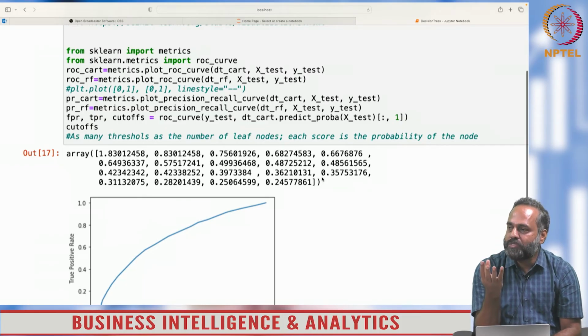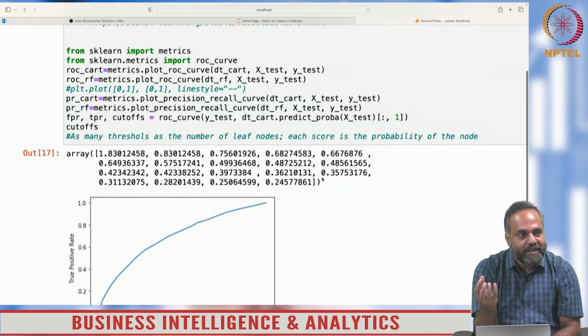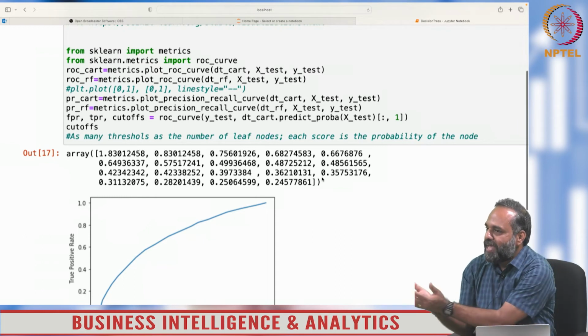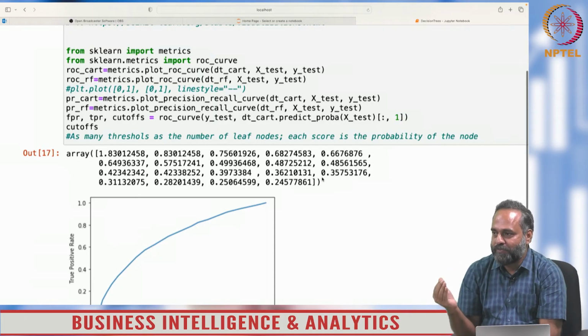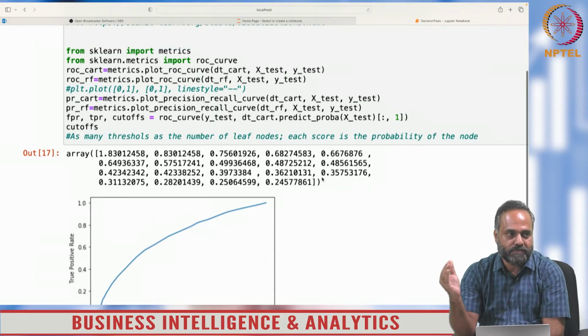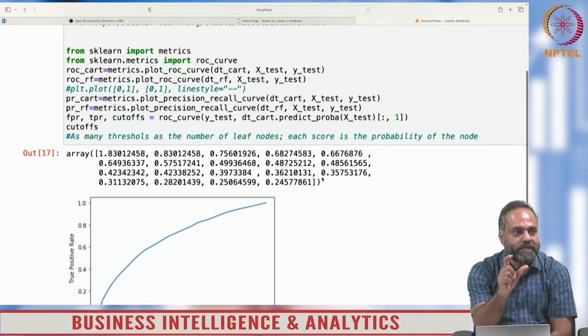A decision tree classifier generates different rules, correct? Based on each rule, there is a leaf node at the end. Your output is nothing but leaf nodes. Each leaf node is based on a rule. So the decision tree created a set of leaf nodes, and we also saw that each leaf node has a probability.